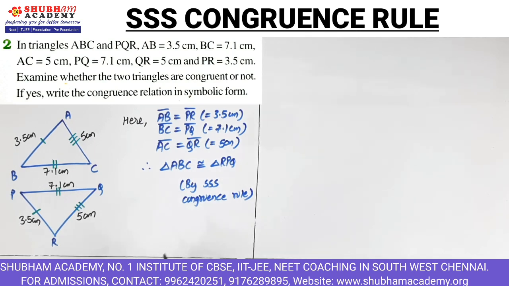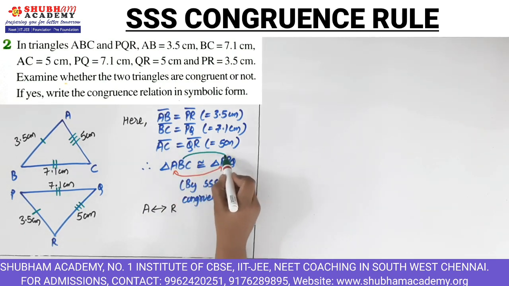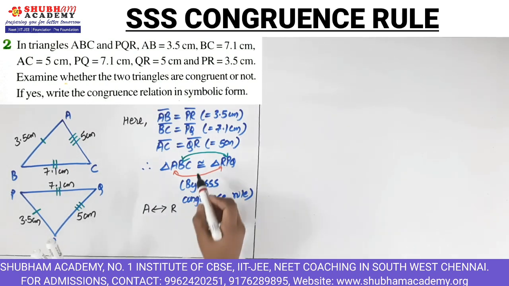Okay. So we can see here that A corresponds to R. We can see here in this way also, A corresponds to R, B corresponds to P and C corresponds to Q. This is very much important to keep in your mind.